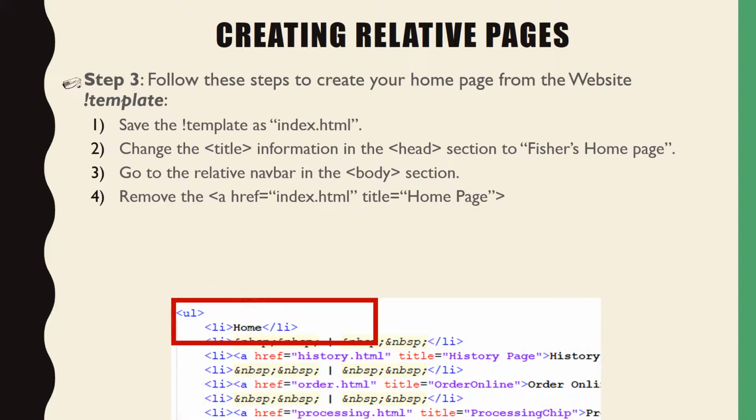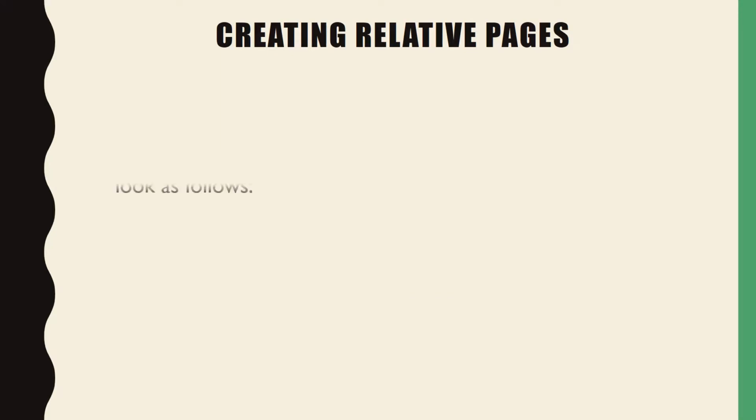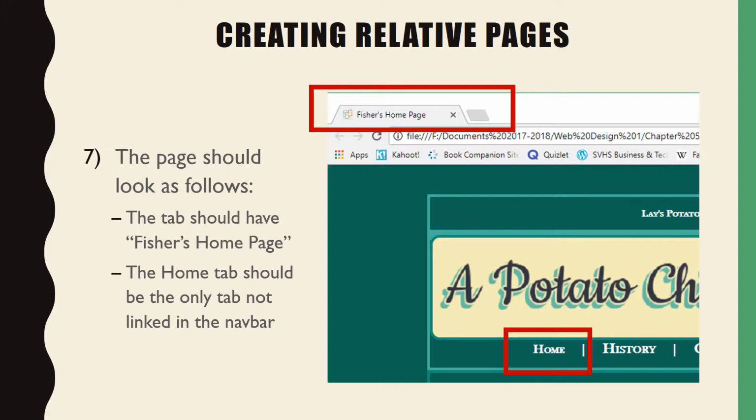Remove the anchor, the href equals index.html, and the title. Leave the text home, and then make sure you delete the closing anchor tag. Resave the document. The page should look as follows. The tab should have Fisher's home page. The home tab should be the only tab not linked in the nav bar.